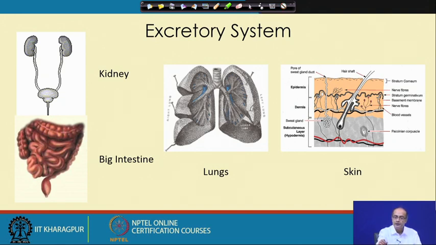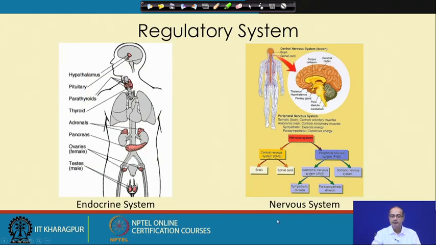So, next we should look at the regulatory system, that means how we regulate the different operations within the body. The first which comes to mind is our nervous system, and in the nervous system we get two parts: one is the central nervous system, another is the peripheral nervous system.